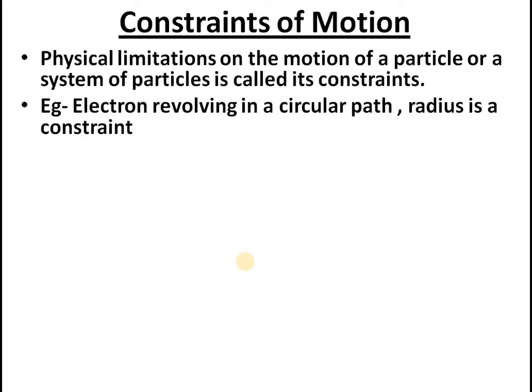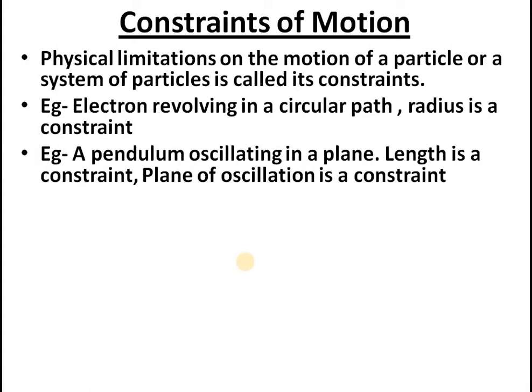When a particle is restricted to move in a plane, the constraint is z equal to 0. When a particle is restricted to move along a circular path, then we say the radius is constant. That's a constraint. Examples: an electron moving in a circular path, or a small metal ball moving in a circular groove.